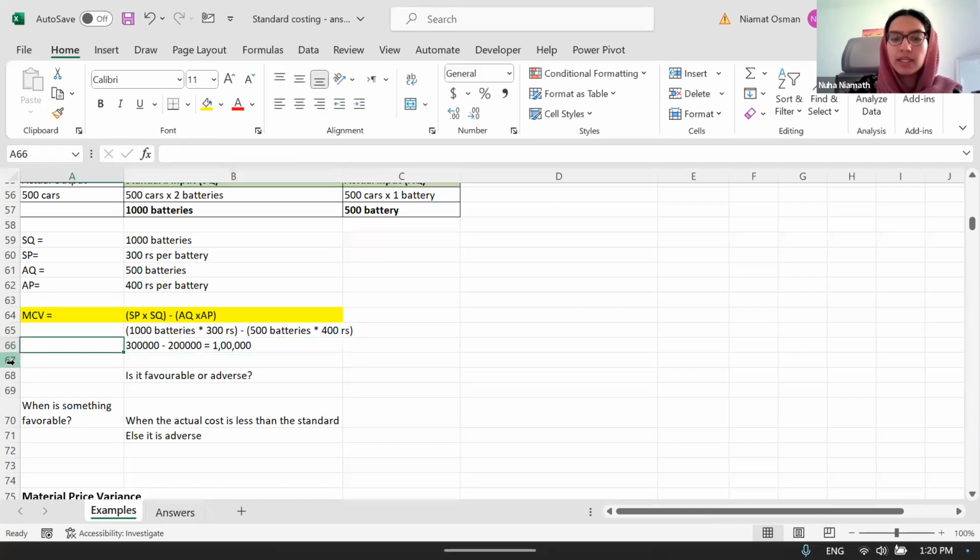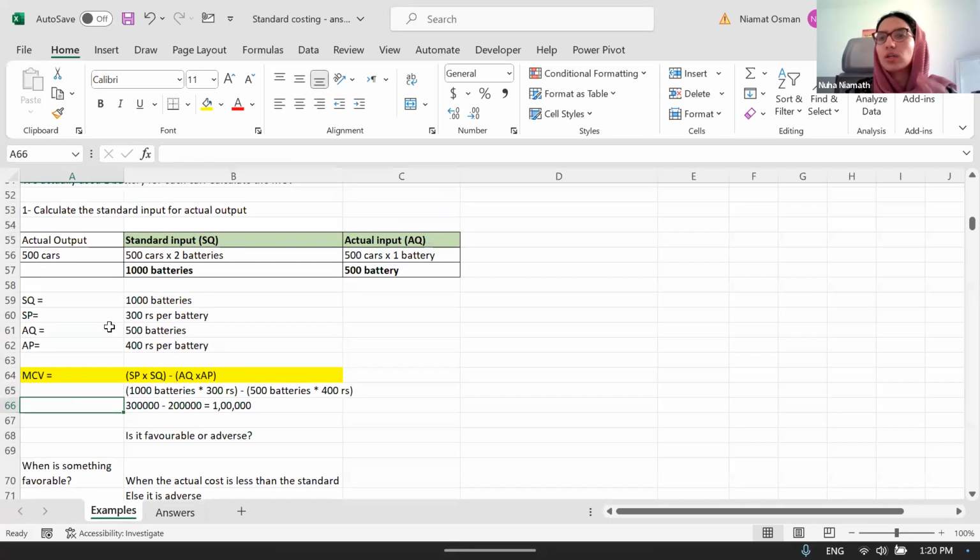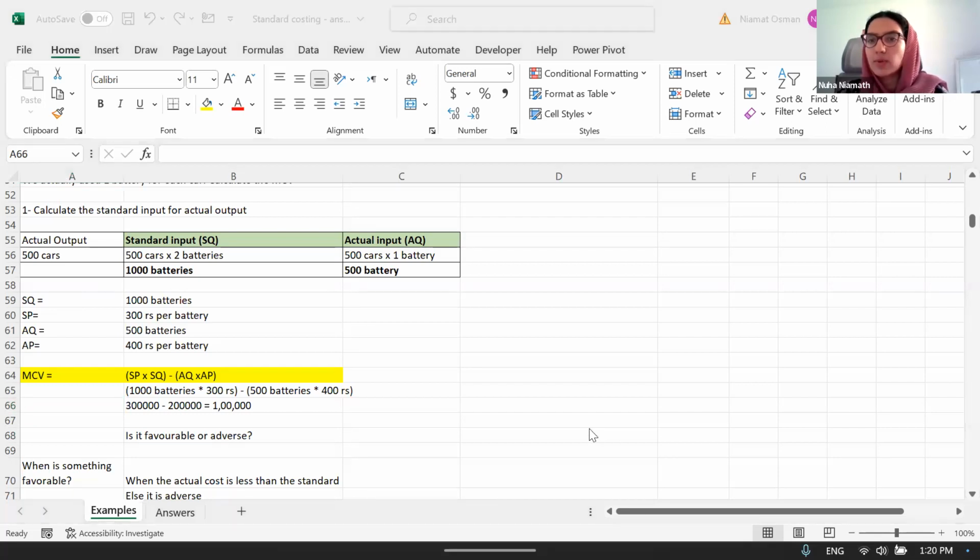Is everybody clear so far? Are there any doubts, any questions, something that was not clear here? Is everybody clear with SQ, SP, AQ, AP? Yes, Sana, that's correct, 1 lakh is the answer. Anybody who feels like they could not follow, or feels like they still have to mug up the formula?